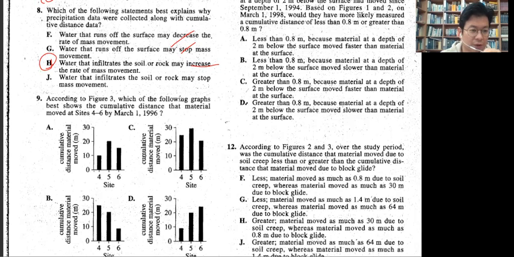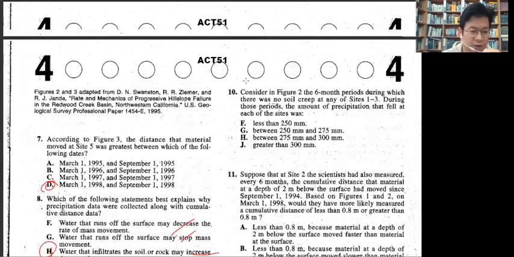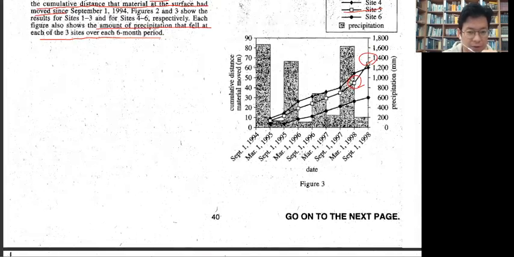According to figure 3, which of the following graphs shows the cumulative distance material moved at sites 4 to 6 since March 1st, 1996? This one.